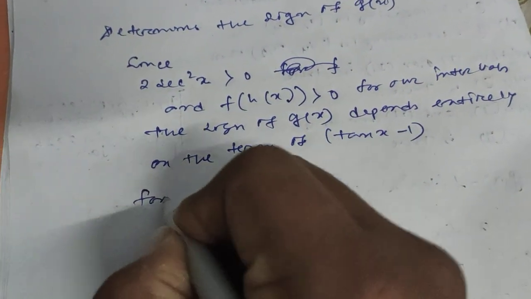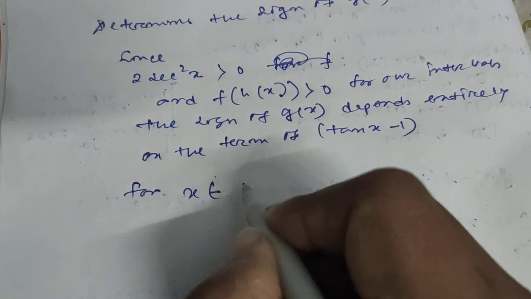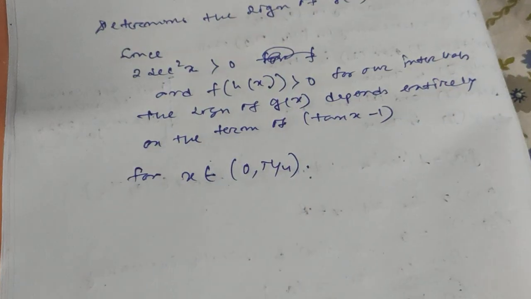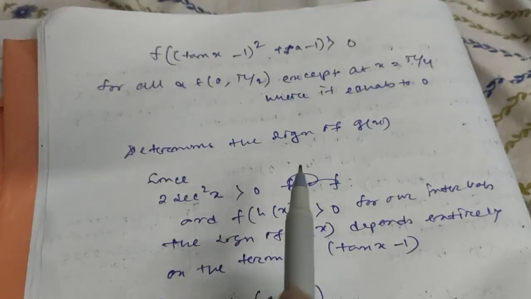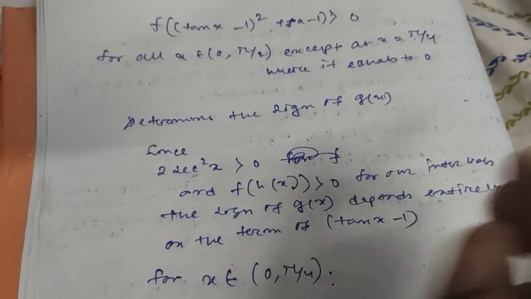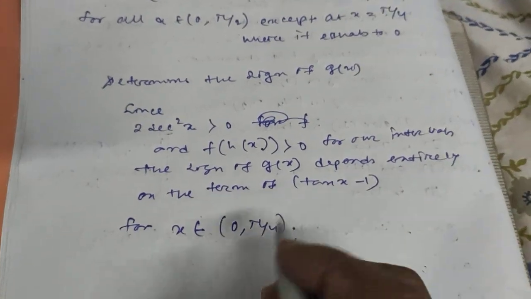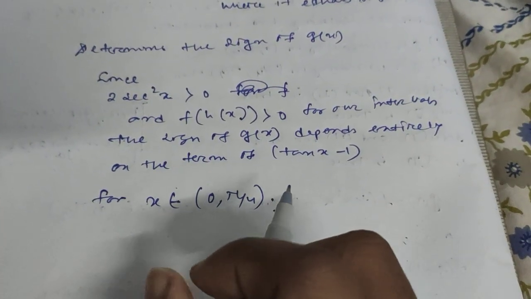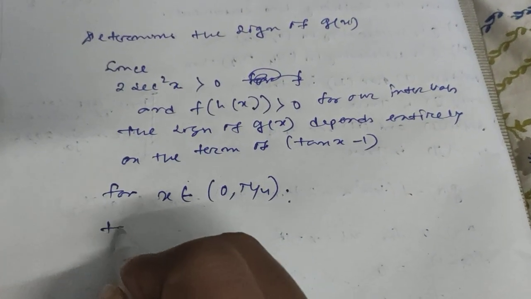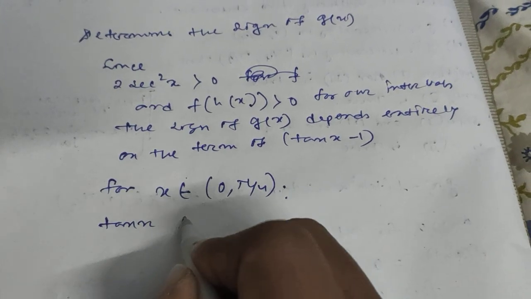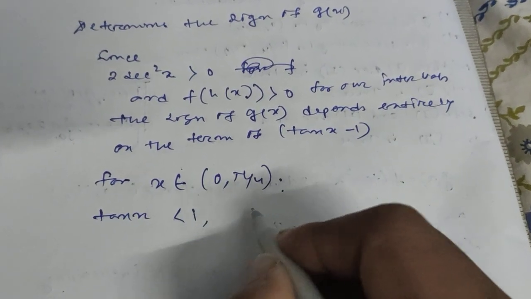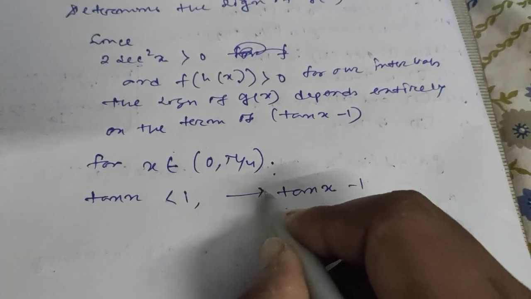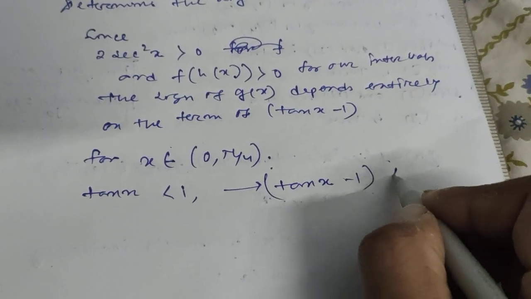Now for x belonging to 0 comma pi by 4, when x belongs to 0 comma pi by 4, then just think, tan x is less than 1, that means tan x minus 1 is less than 0.